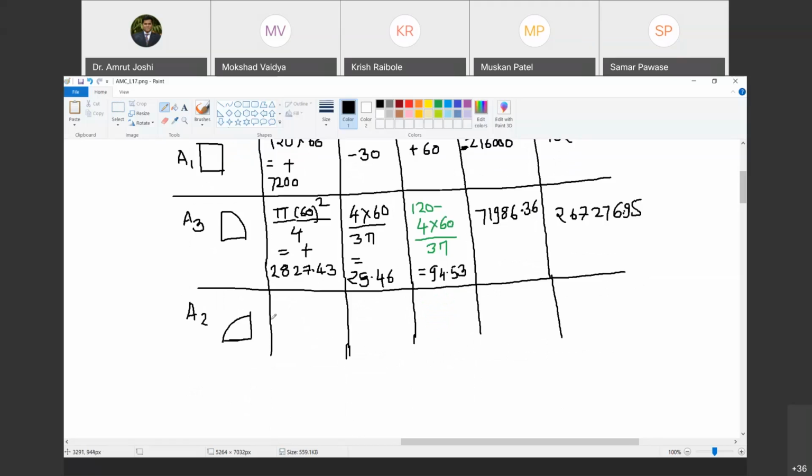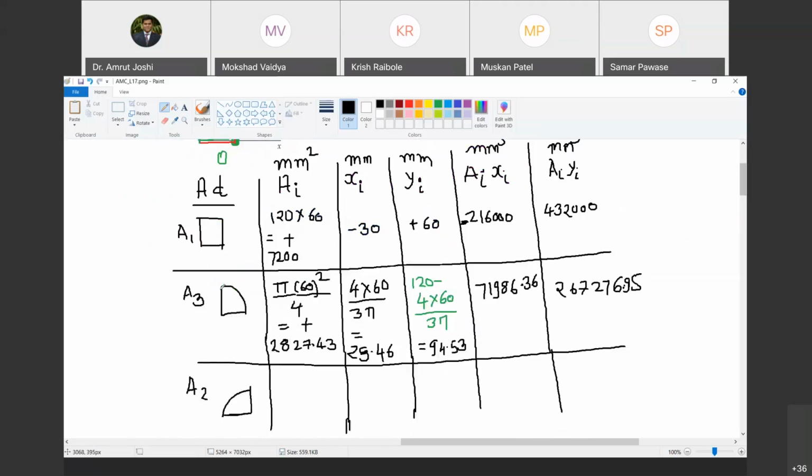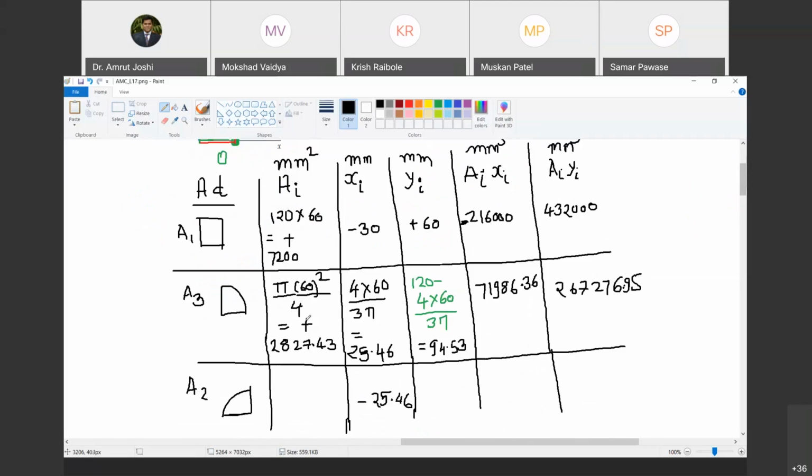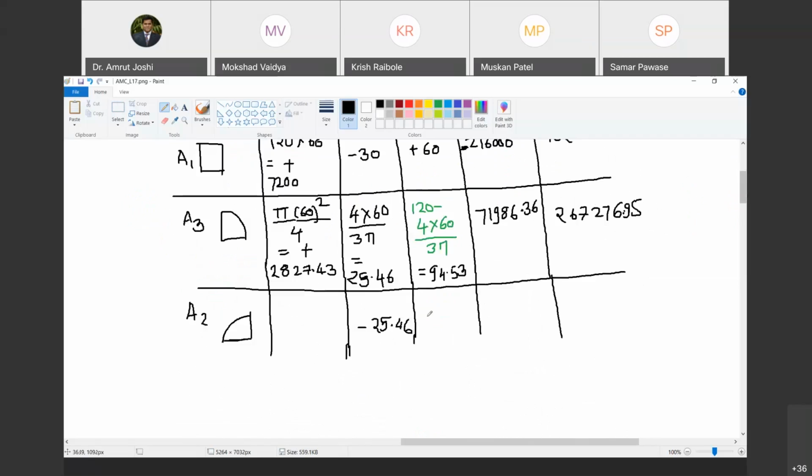Its centroid will also be at 4r by 3 pi, but it is going to be on the negative side. So it is going to be at the distance minus 25.46. Do you agree with me? Yes, sir. And this distance will be plus 25.46. Does anyone have any doubt?